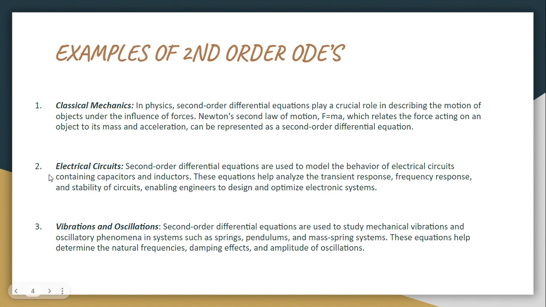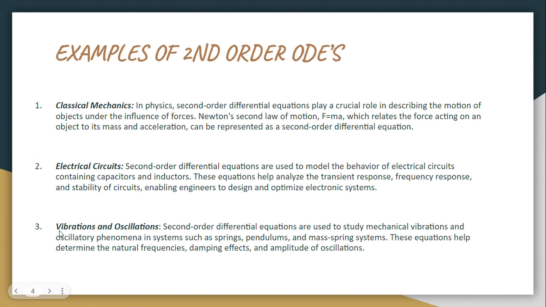The second one is electrical circuits. Second order differential equations can be used to model the behavior of electrical circuits, such as capacitors and inductors, and analyze the transient responses and frequency response of the circuits, enabling electrical engineers to design and optimize entire electronic systems.